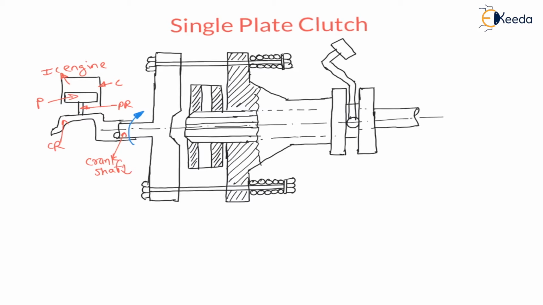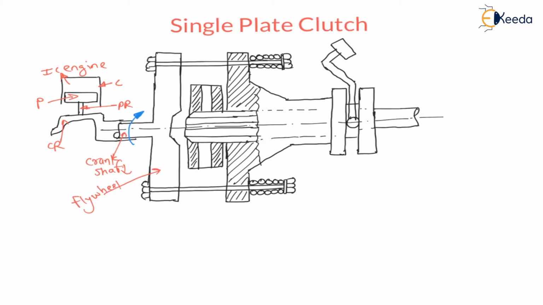The flywheel is used to store energy whenever energy is in excess, and whenever we need energy, this flywheel is used as a supplier of energy. Means whenever energy is in excess, the flywheel will store the energy, and whenever energy is required, the flywheel will supply the energy to the remaining parts of the machine element.